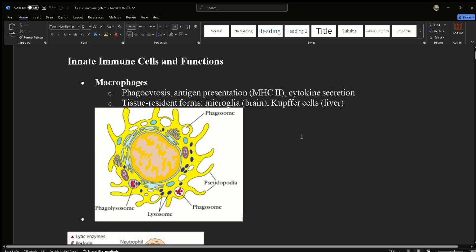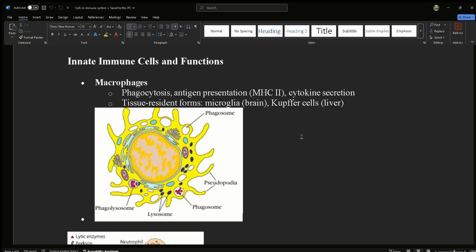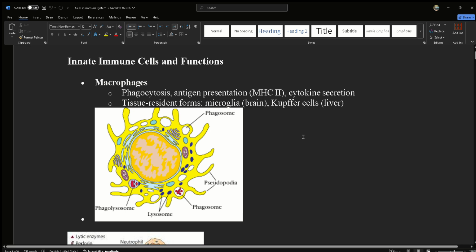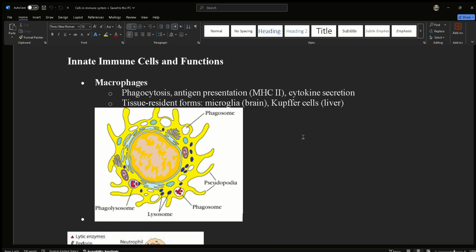The function of these macrophages is that they will kill pathogens and microbes. Through phagocytosis and antigen presentation, the antigen will bind with MHC II and they will secrete cytokines, and those cytokines will also target the pathogenic cells, bacteria or viruses.